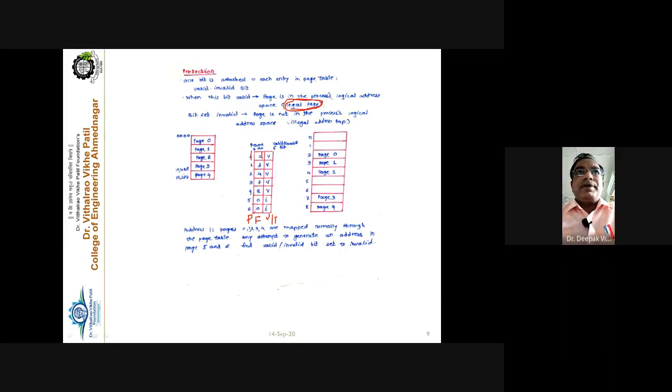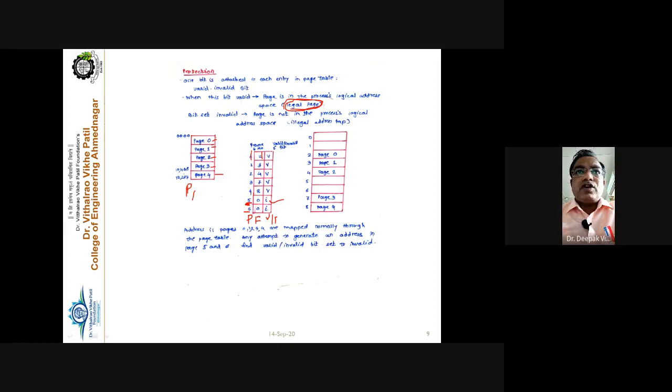For example, page numbers 0, 1, 2, 3, 4, these five pages, are the valid pages for process P1. But if the operating system tries to access page number 5, that page is marked as invalid.